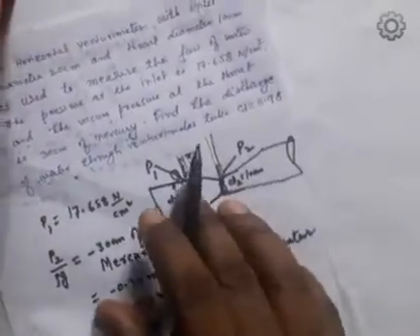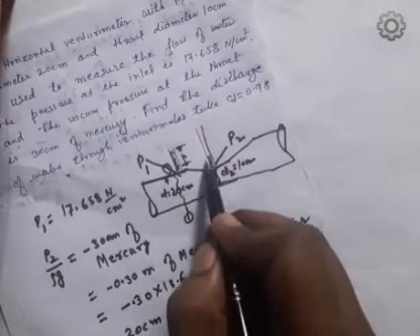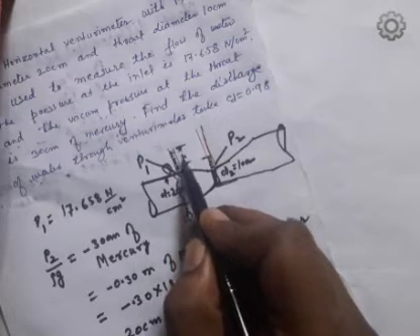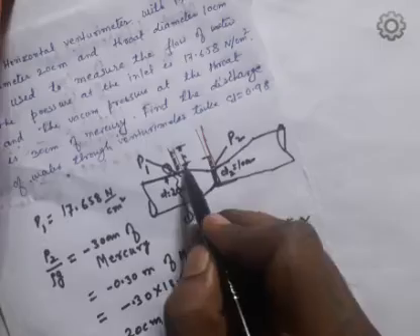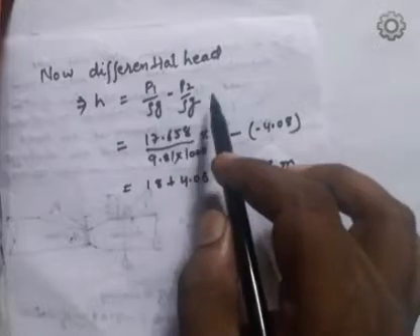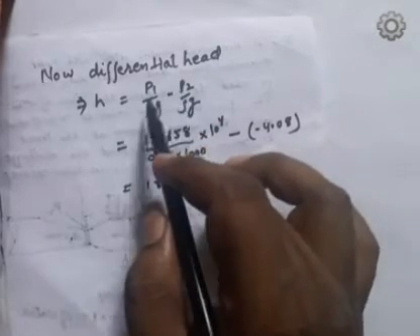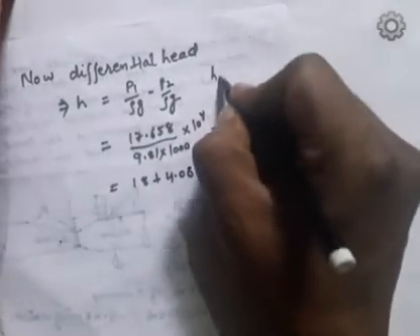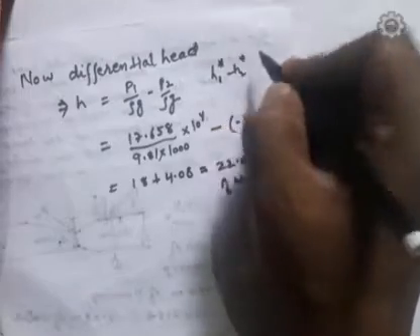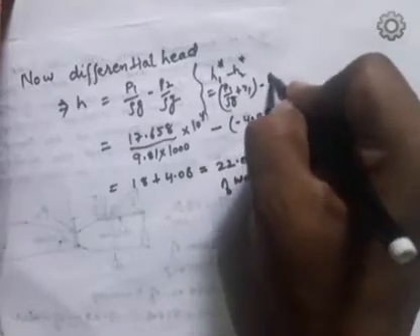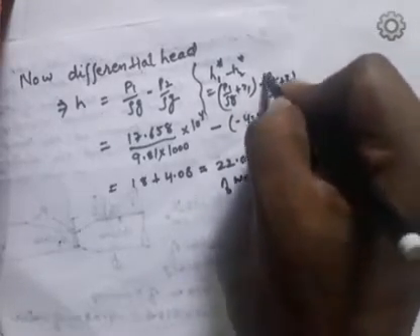H is the manometric head deflection, the height of the differential manometric deflection. We know from the previous class that it is H1 star minus H2 star, which equals P1 by rho g plus Z1 minus P2 by rho g plus Z2.